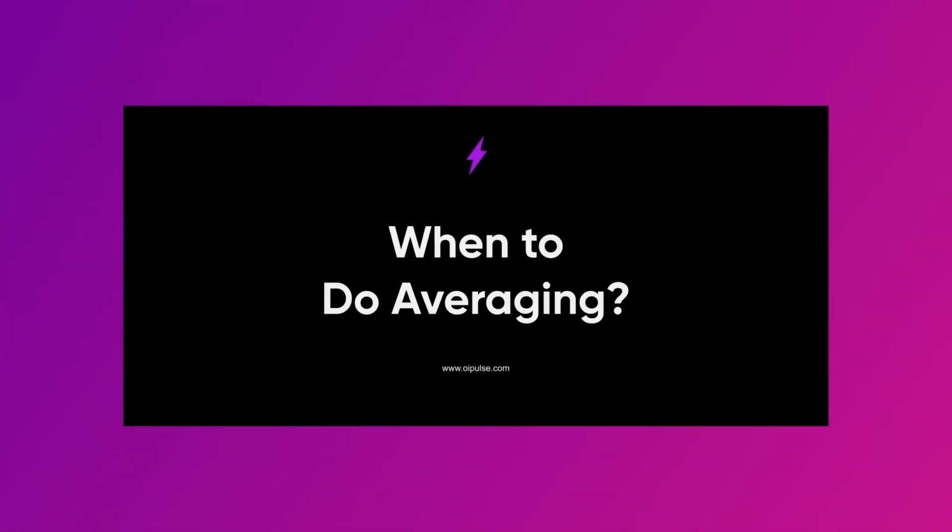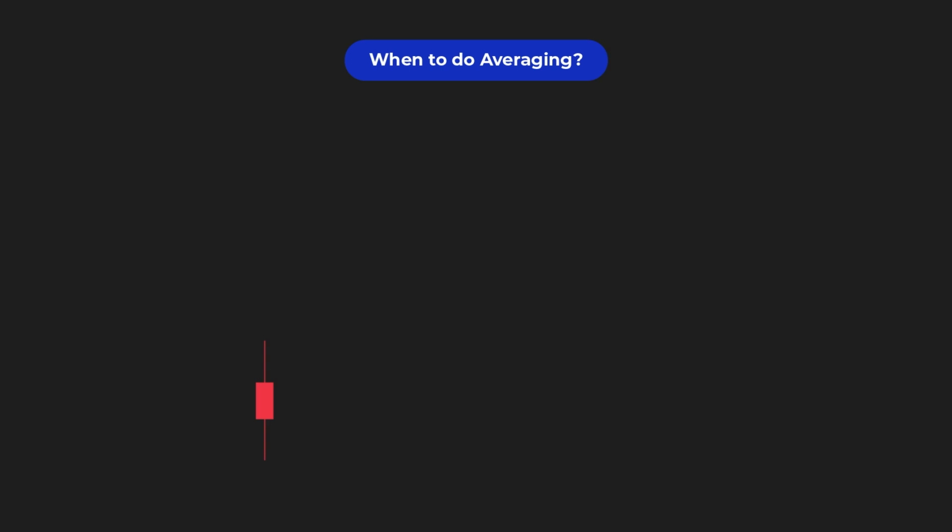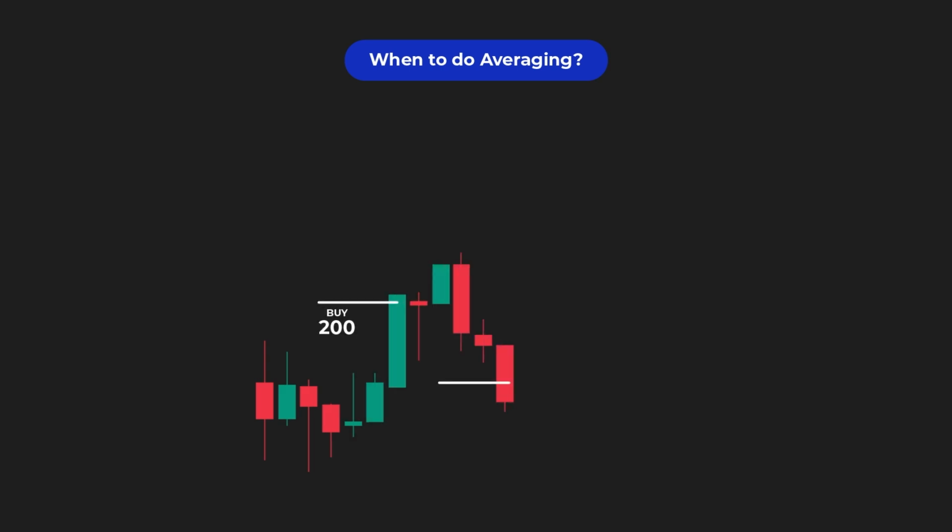When to do averaging? Averaging is not only on the downside, meaning you enter a trade and if it is going into loss, you average it. It is not only about that. You will enter a trade, and if it is going in your favor also, you have to average it. So averaging should be done on both sides, not only on your losing trade.